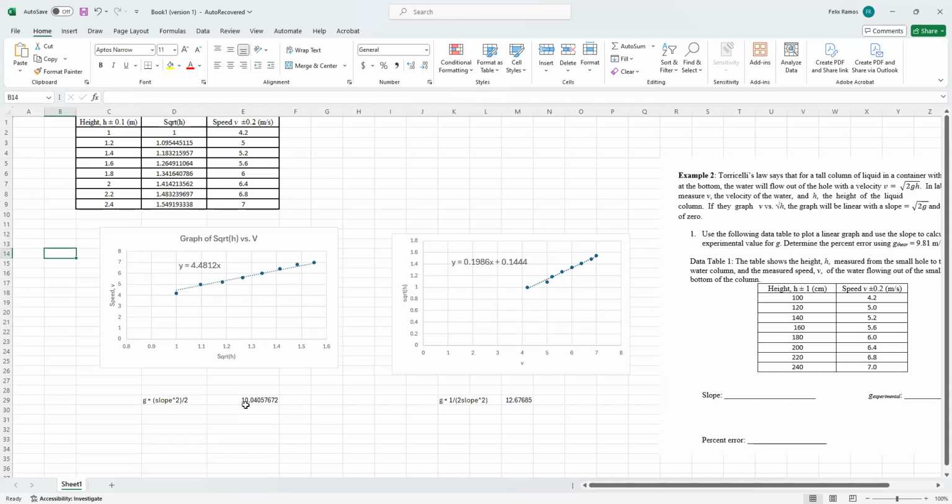So what happens is, if you don't set the intercept to 0,0, you will get a value here that will be much greater than the value that you really get if you set the intercept to 0,0.